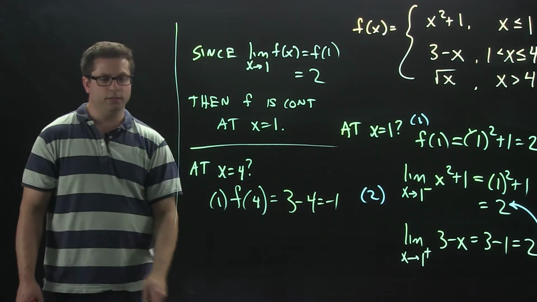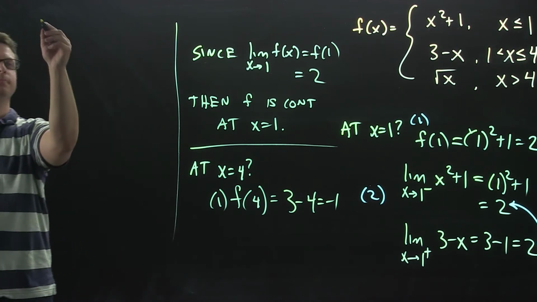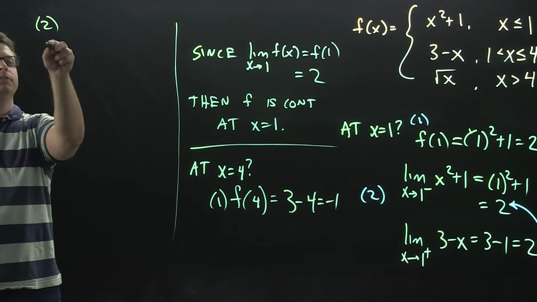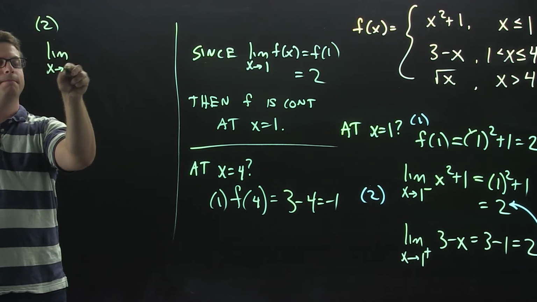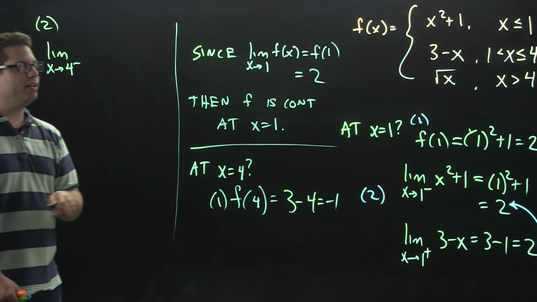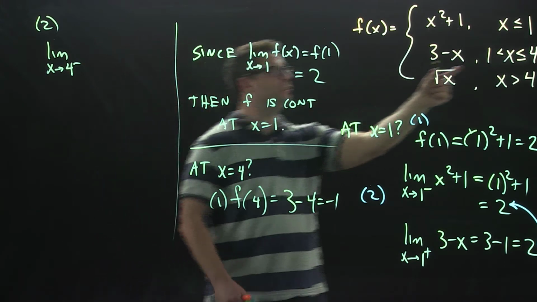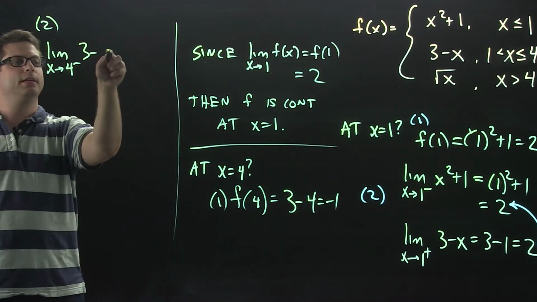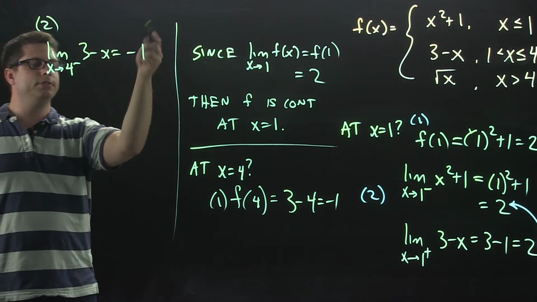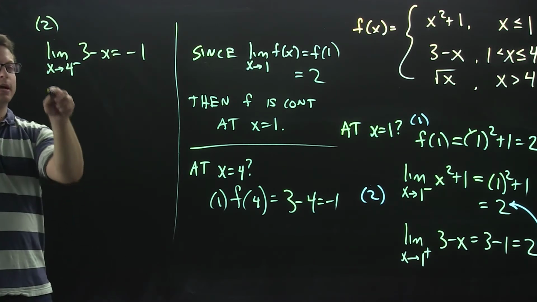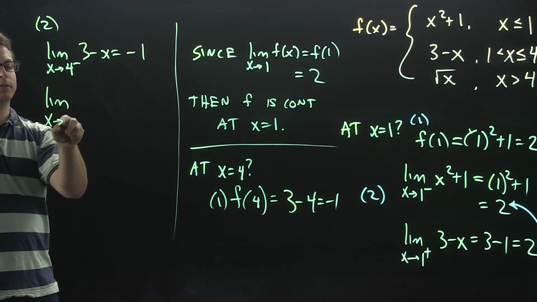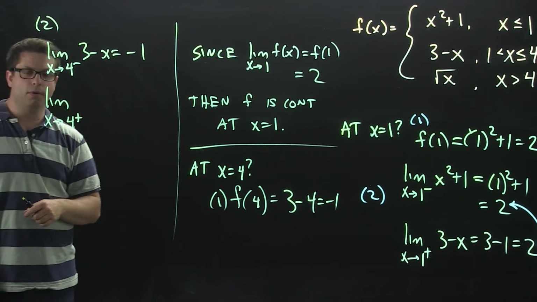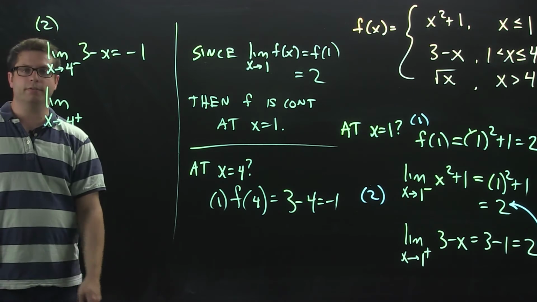All right, let's take a look at condition 2. Sorry, I am off screen, but that's okay. All right, we're going to do the left-hand limit. Now it means I'm slightly less than 4, and that puts me in this interval here. So I'm going to use 3 minus x. And then when I plug in 4, I do get negative 1 again. So let's take a look at the right-hand limit. Now that means I'm slightly greater than 4, and that uses the square root function.